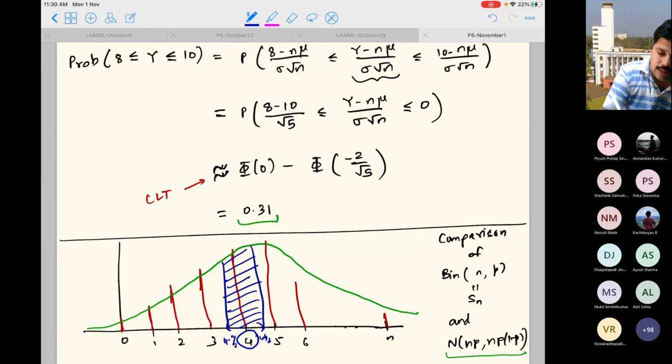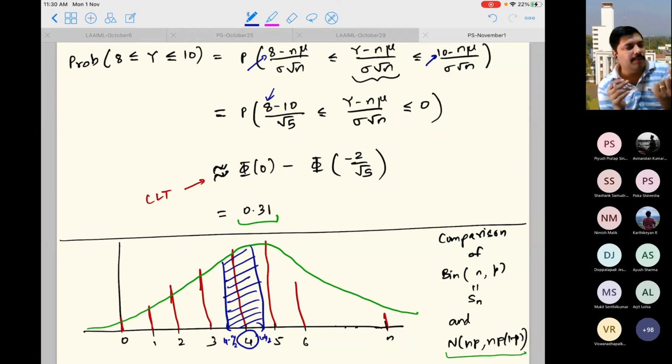So if I take 8 and 10 directly, what I am really doing is excluding this 8 and 10. I don't want to exclude them because I have a discrete random variable here.